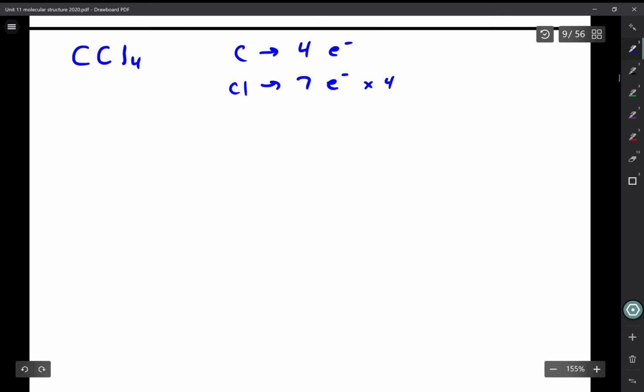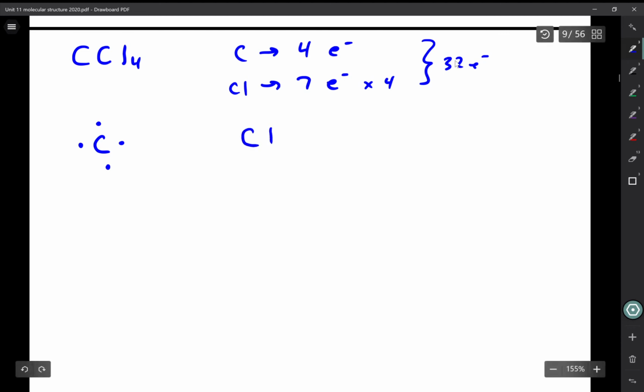So 7 times 4 plus 4 gets you 32 electrons. I had the math in my head again real quick, making sure I said it right. So it's 32 valence electrons. When our compound's complete, you have to have a total of 32 electrons. So we'll see how that works. Now, if we initially look at carbon with its 4 valence electrons, we can write it like that.